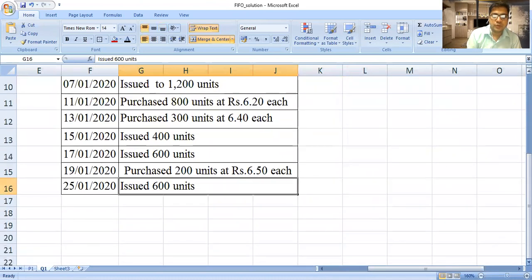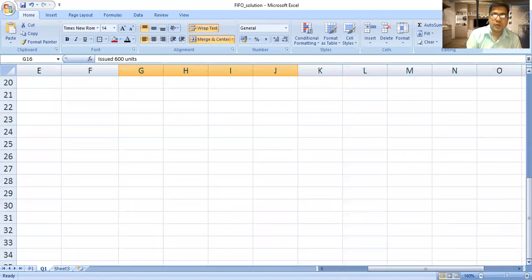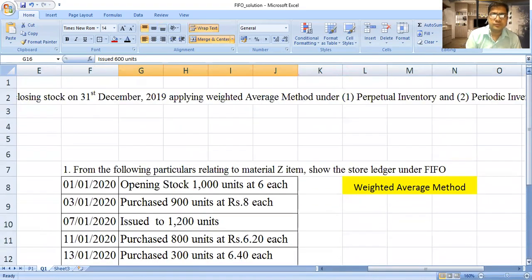First question is over. Now I have given the PDF of questions. Question number 2 you have to solve by using the weighted average method.